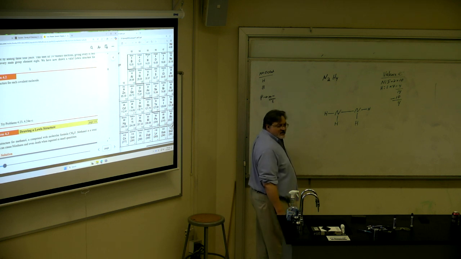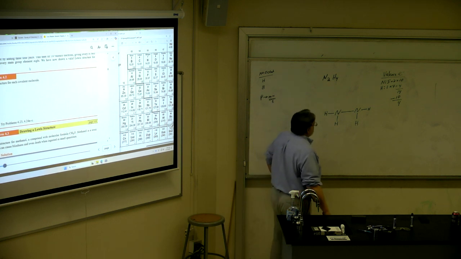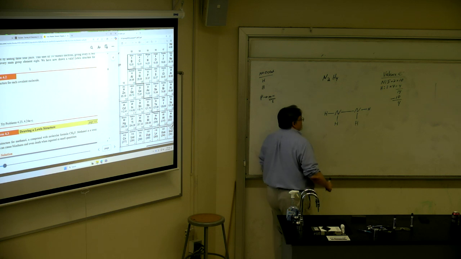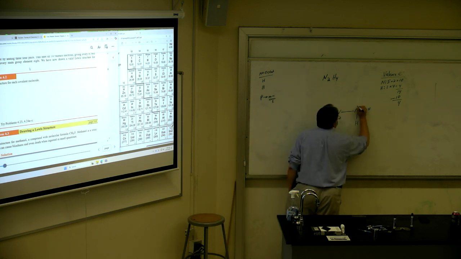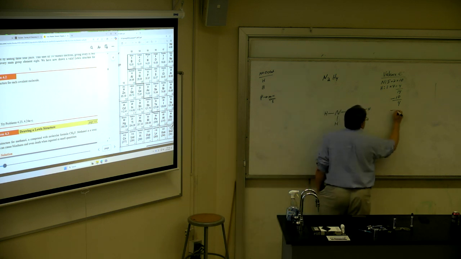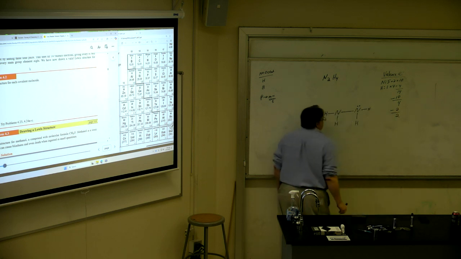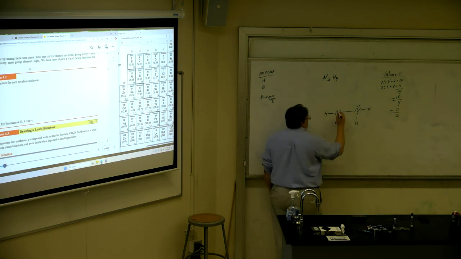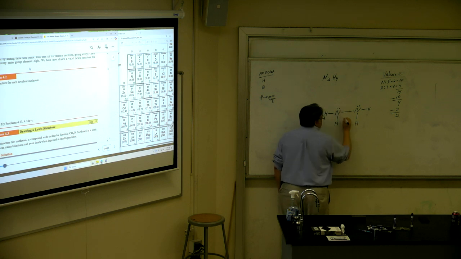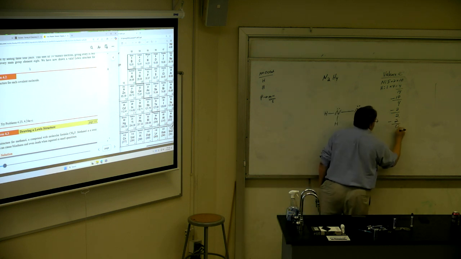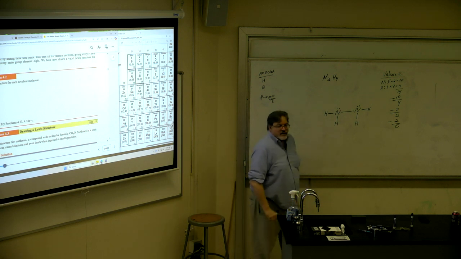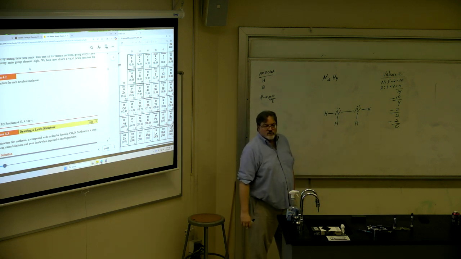We don't put octets around the hydrogens, but we need to get octets around the nitrogens. Put a pair there. 2 left. That has its octet. I put a pair here. Amount of electrons and everything has its octet. That's the Lewis structure for N2H4.